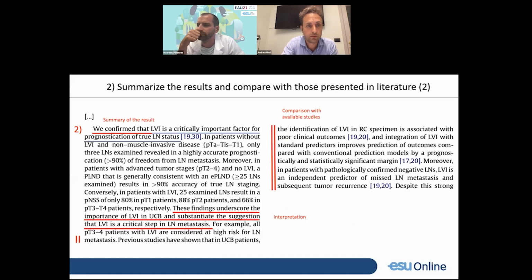The third period of our discussion, again, the authors make a summary of another important point of their study about lymphovascular invasion. They summarize the finding according to the tumor stage. They interpret this result and they compare again with available studies.